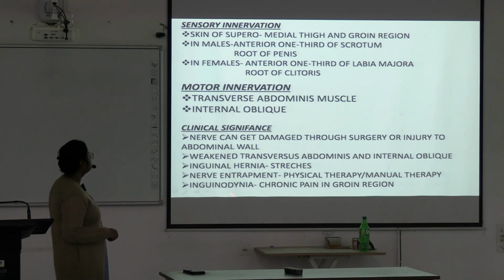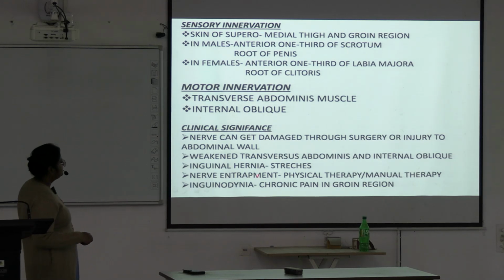What is the clinical significance? The nerve can get damaged through surgery or injury to the abdominal wall. Weakened transversus abdominis and internal oblique will be there because these muscles are supplied by the ilioinguinal nerve and also by the iliohypogastric nerve.